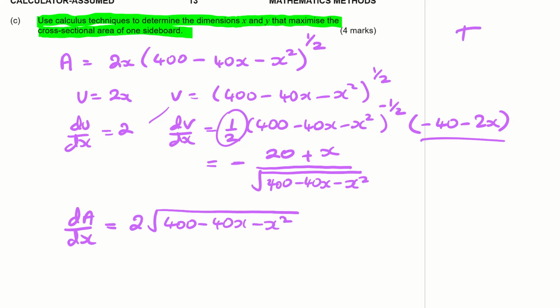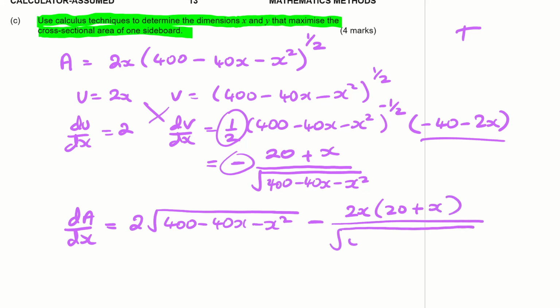Now in the formula it's a plus, but remember this one's a minus, so it's going to be take away that one times that one. So that's going to be 2x, 20 plus x, all over the square root of 400 take 40x take x squared. And we really want dA dx to be equal to 0.